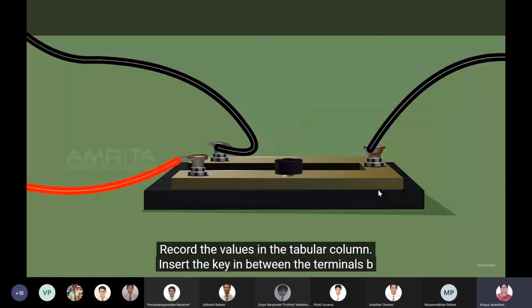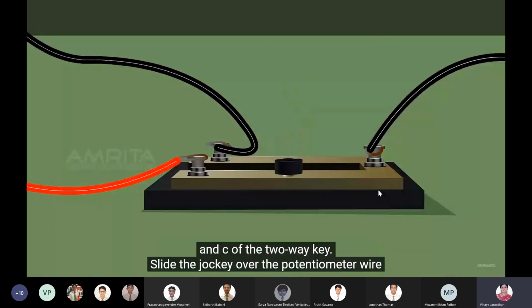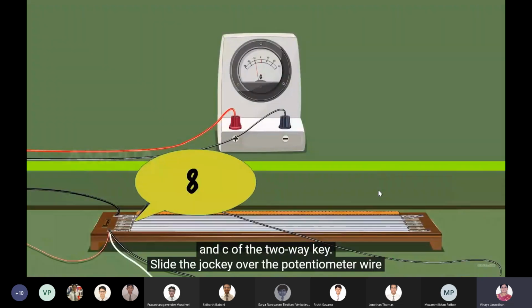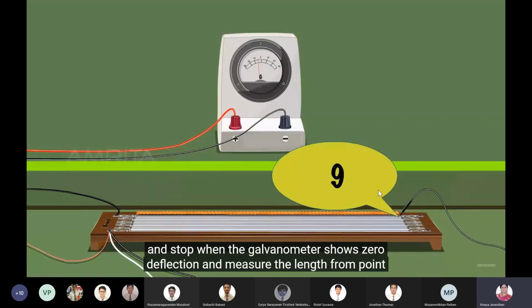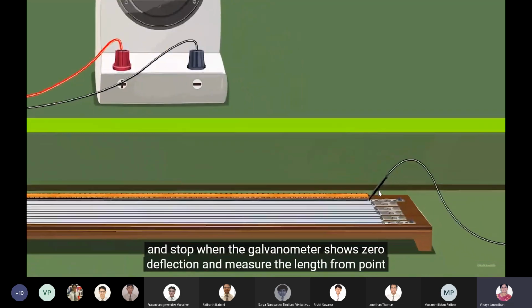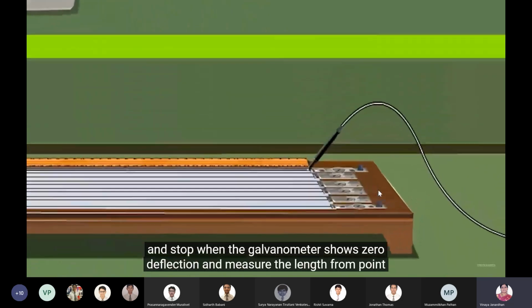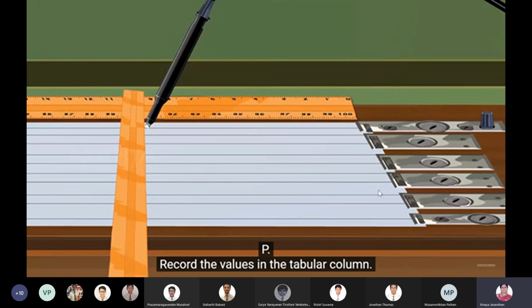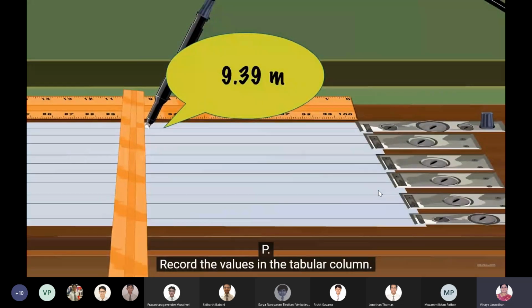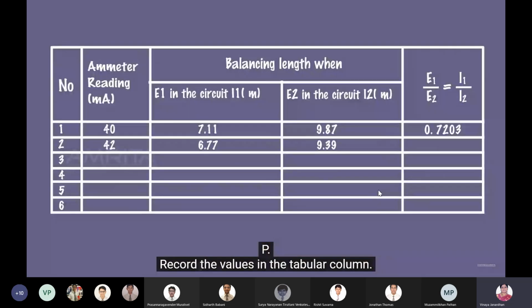Insert the key in between the terminals B and C of the two-way key. Slide the jockey and measure the length from point P. Record the values in the tabular column.